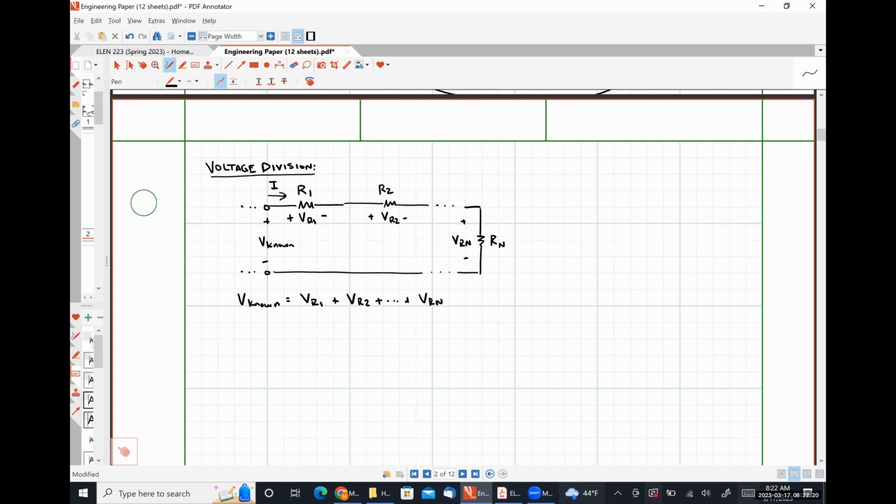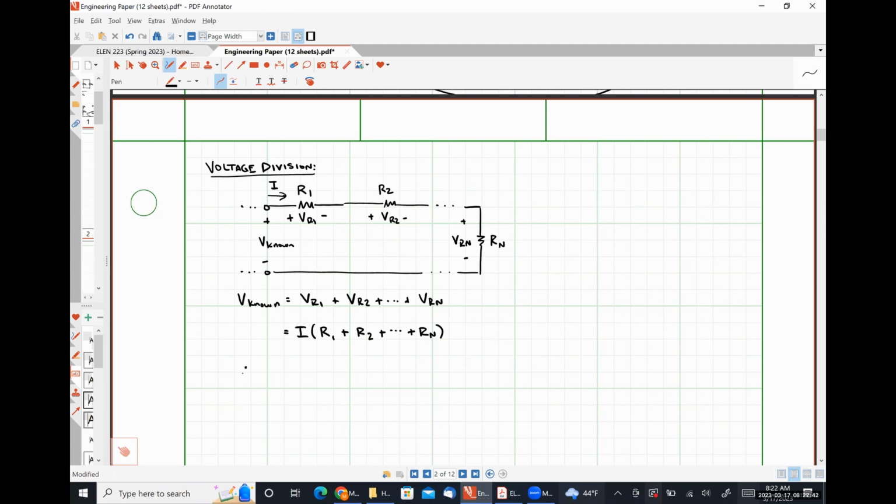I'm going to express all of these voltage drops in terms of that common current I. So that we're going to have I times R1 plus R2 all the way out to R sub n, like so.